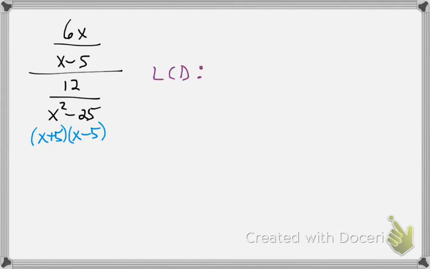So, looking through the denominators within your complex fraction, what is your LCD? x plus 5, x minus 5. Or if you put it in the other order, x minus 5, x plus 5, that's totally fine too. Right? And then what do we do with the LCD?